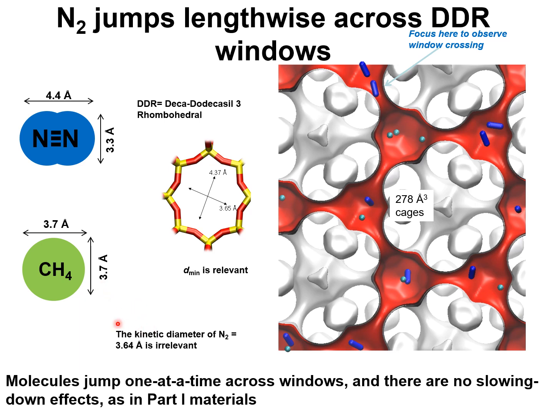The adsorption favors CH4, the diffusion favors nitrogen, and the permeation selectivity across a DDR membrane is in favor of nitrogen because the diffusion selectivity overrides the adsorption selectivity that favors methane.